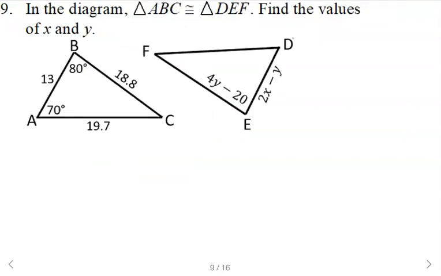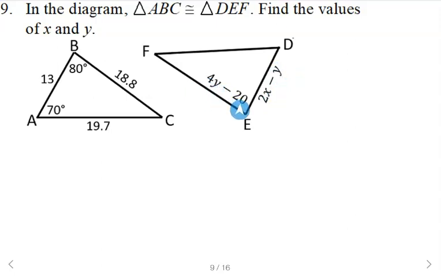Number 9, we have triangle ABC is congruent to triangle DEF. We want to find the values of x and y. All right, so looking at the x, I'm noticing it's along with the y, so I need to know y before I can figure out x.